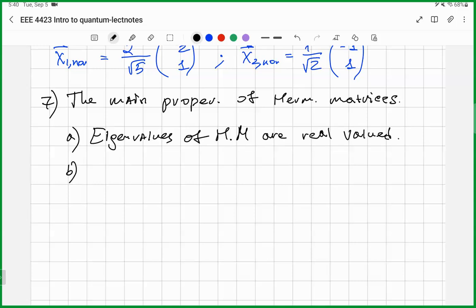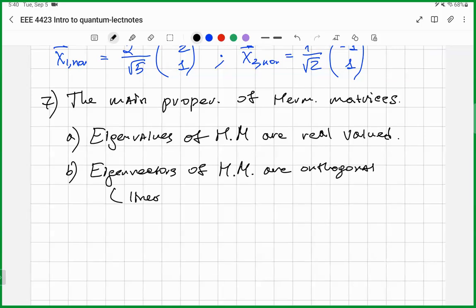And the second one is that eigenvectors of Hermitian matrices are orthogonal or linearly independent. What does it mean?